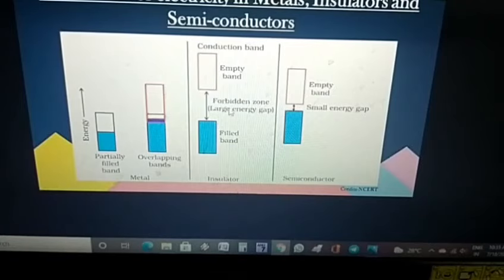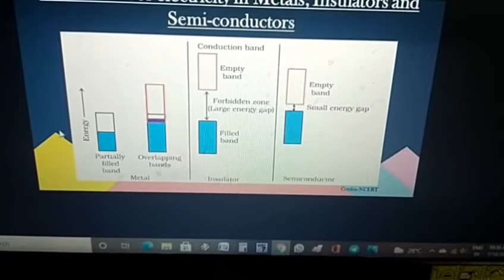Now see here, this is called the forbidden energy gap. So in case of insulators, the forbidden energy gap is more, whereas in case of semiconductors, the forbidden energy gap is less. And in case of metals, that means conductors, the bands overlap with each other, that means the forbidden energy gap is very less.